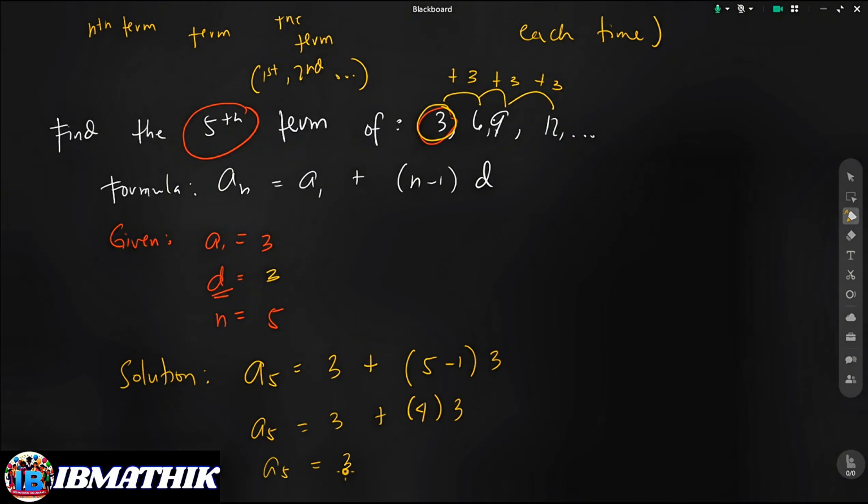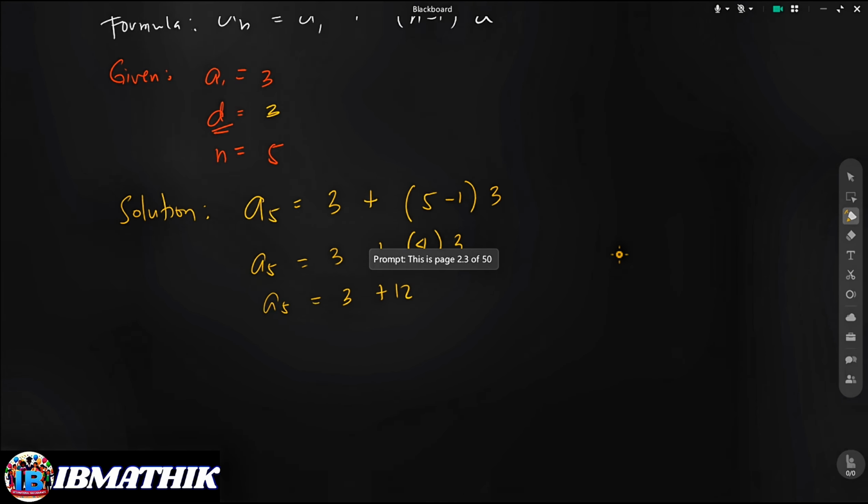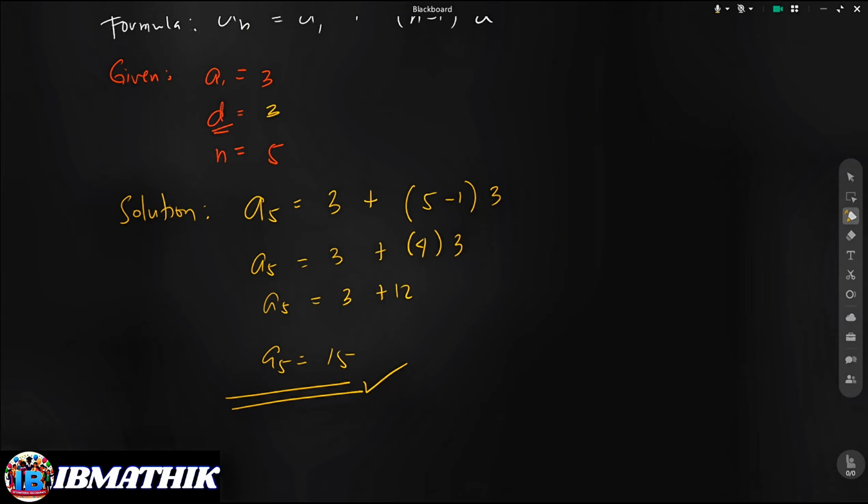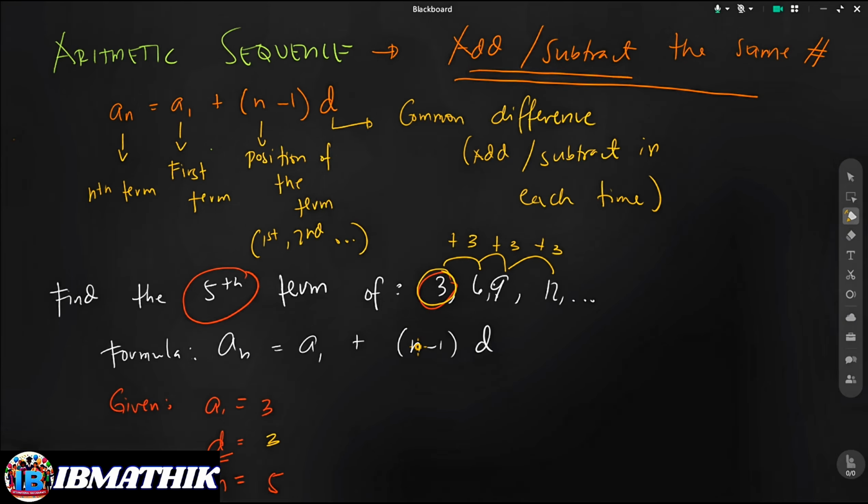So 3 plus 4 times 3, a sub 5, 3 plus 12. So what is 3 plus 12? The fifth term is equal to 15. And that is the answer. That is for arithmetic sequence.